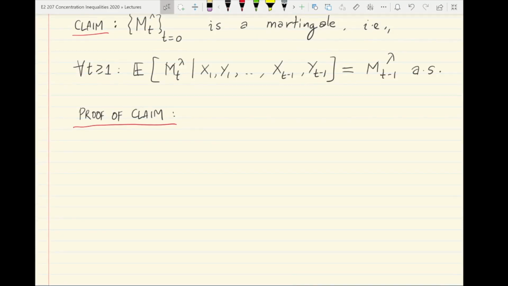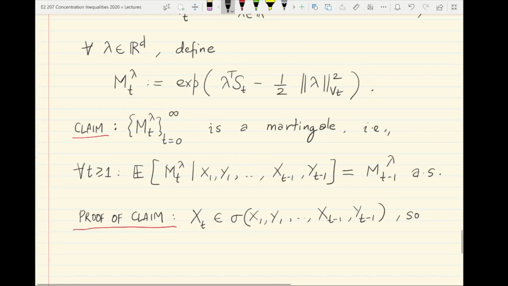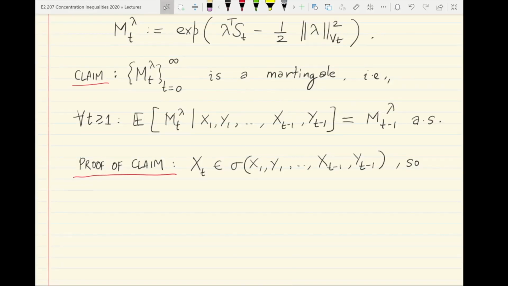Well, we note that because of the adaptive sensing, x_t is already determined once x_1, y_1 and all the way up to x_{t-1}, y_{t-1} are given. So in this conditional expectation, M_t(lambda) is e raised to lambda transpose a sum minus another sum.